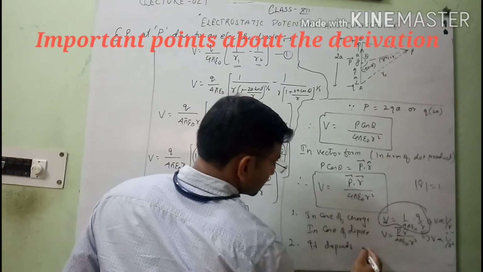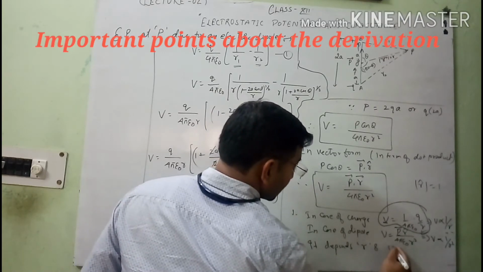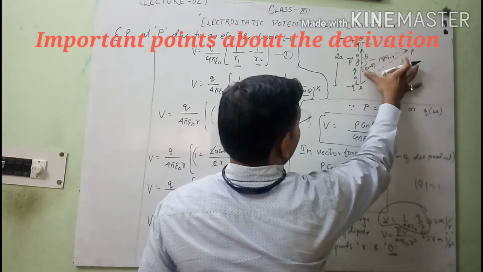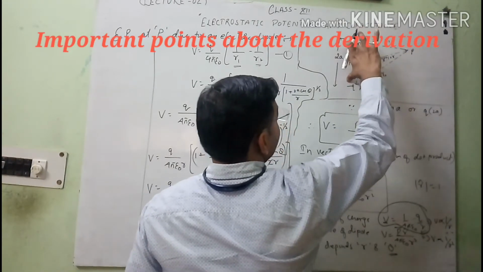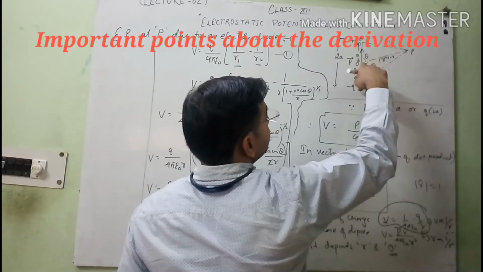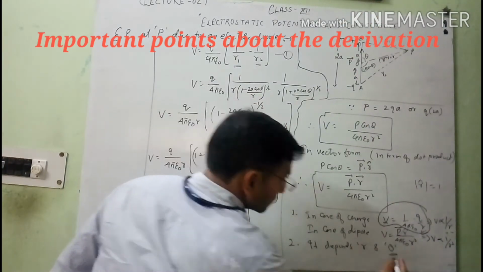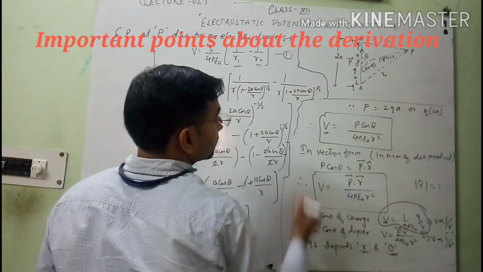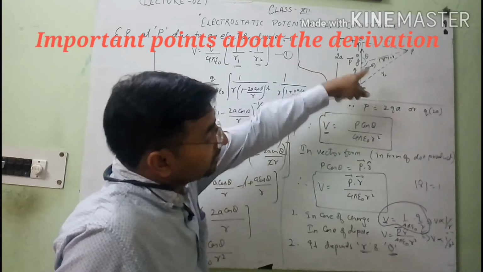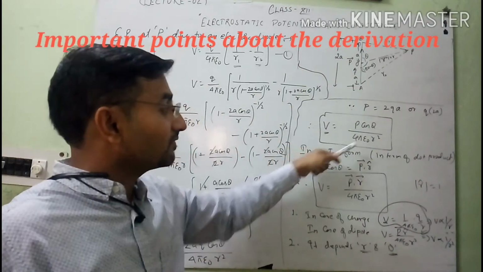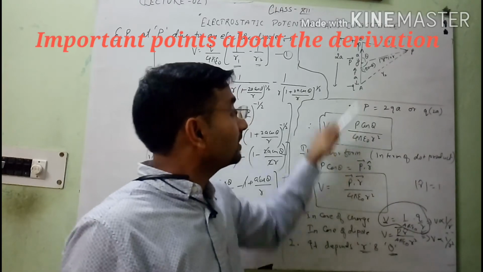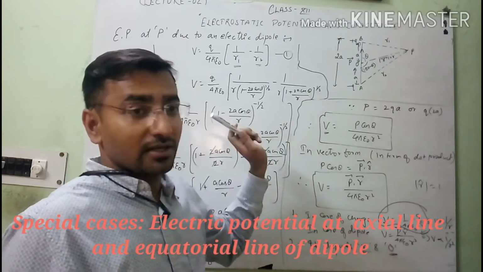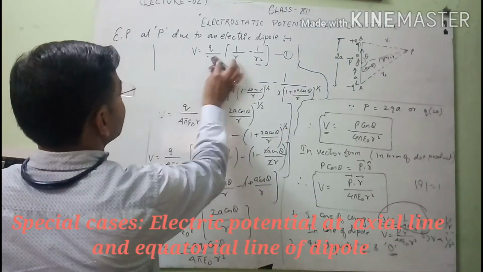See here, first is R and second is theta, which is the angle between the position vector R and the direction of electric dipole moment P, which is from A to B. So these are the two values on which the electrostatic potential due to an electric dipole depends. Clear? After that, we can easily calculate the electrostatic potential due to this dipole on the axial line and equatorial line. See how we will calculate.